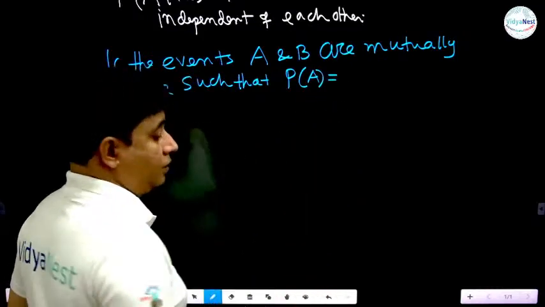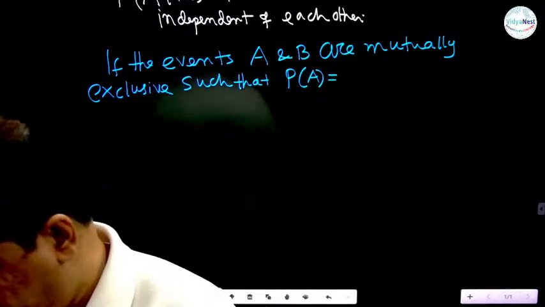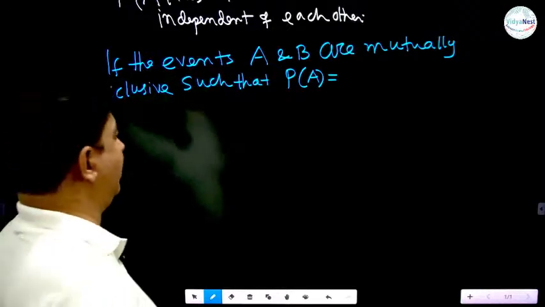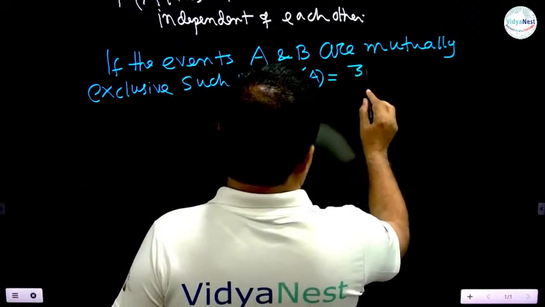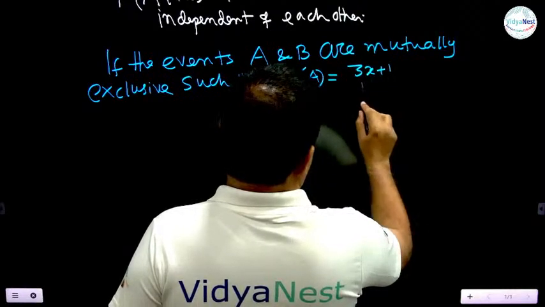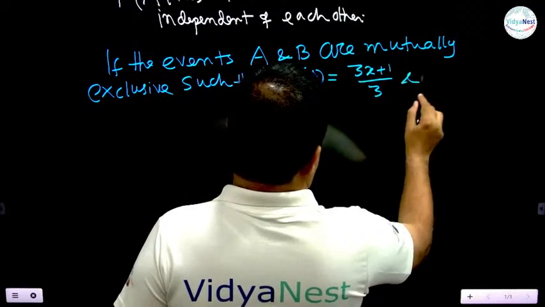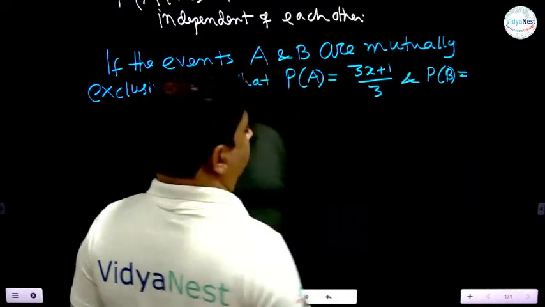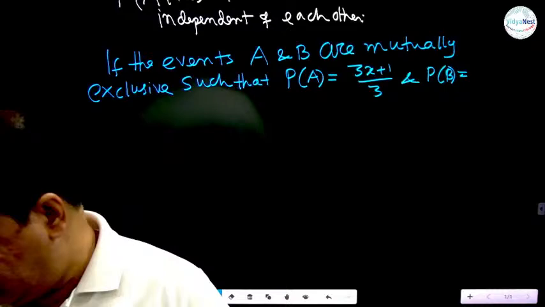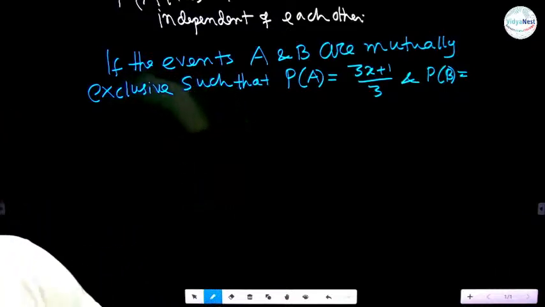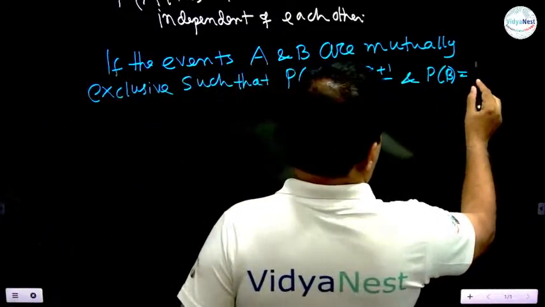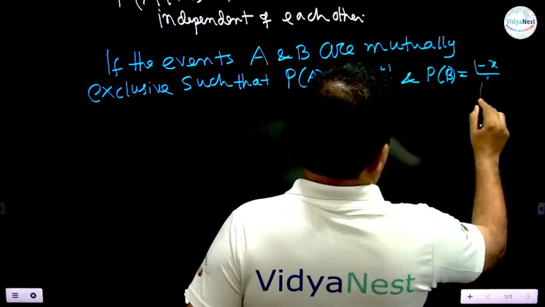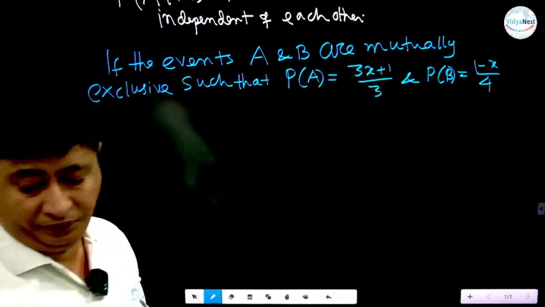P(A) is equal to 3x plus 1 by 3 and P(B) is equal to 1 minus x by 4.